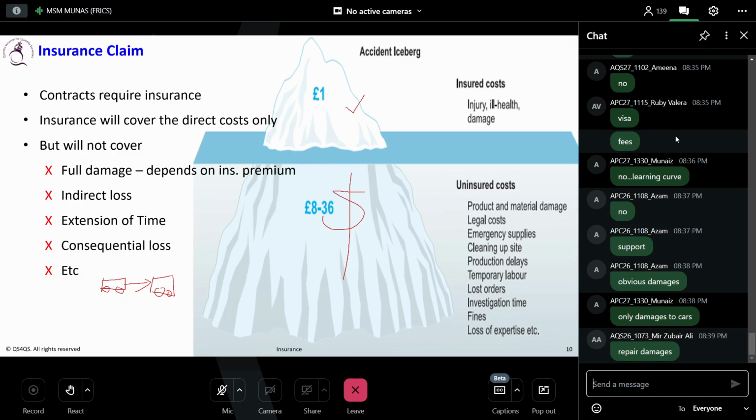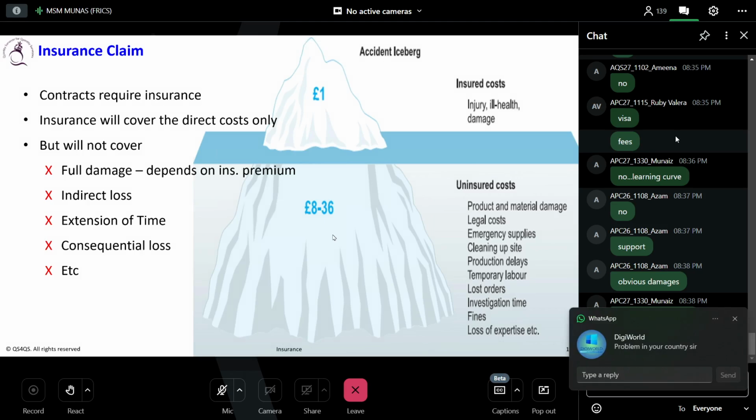So what I'm saying here is that sometimes it can't cover all the losses or consequential losses or damages happening to every party. Insurance is just for the sake of covering some risk. That's all. The insurance company also knows this very well. They are here to do business, so they don't take much risk.